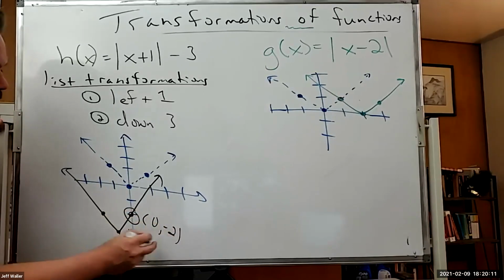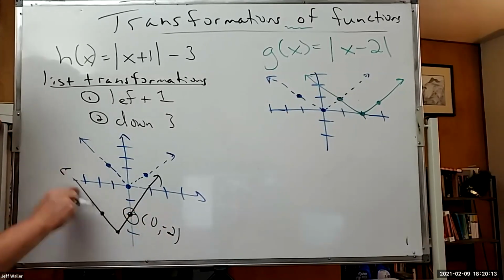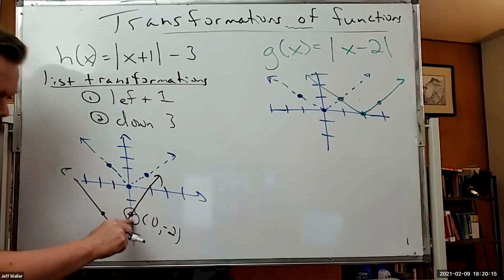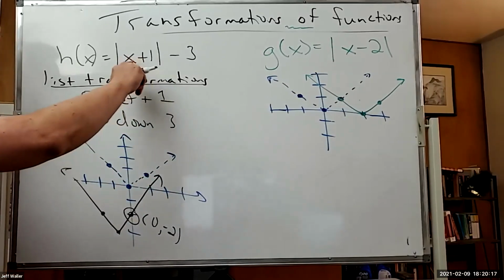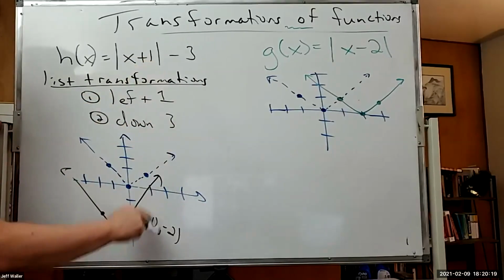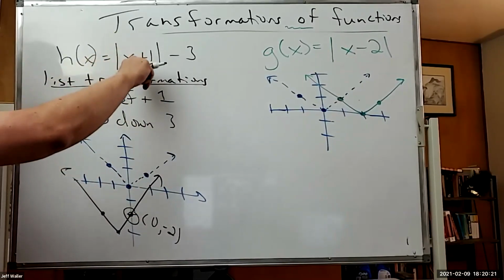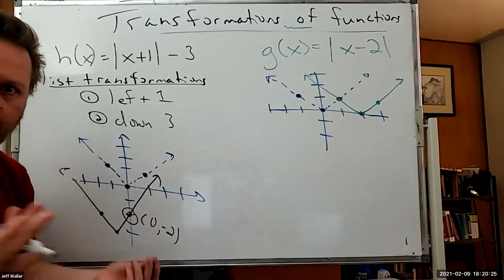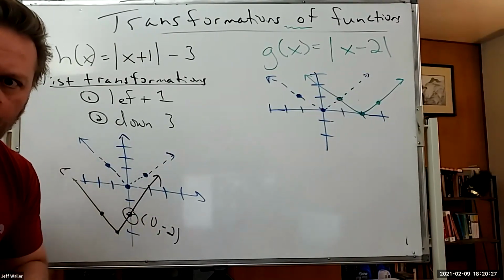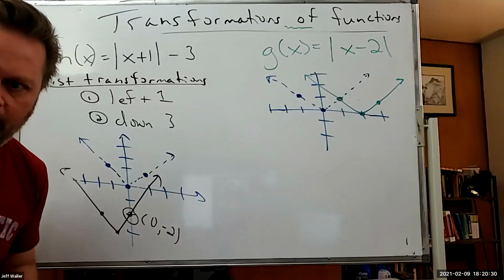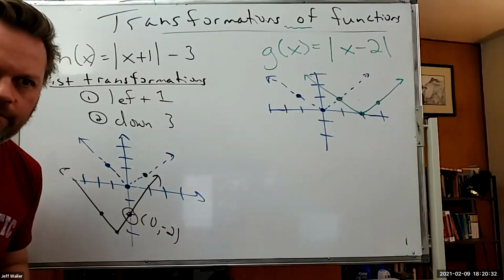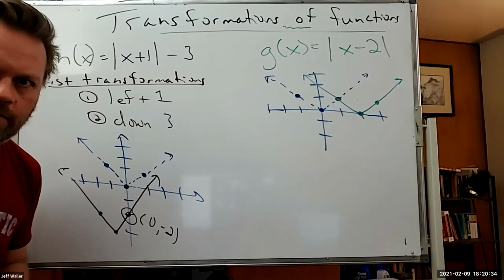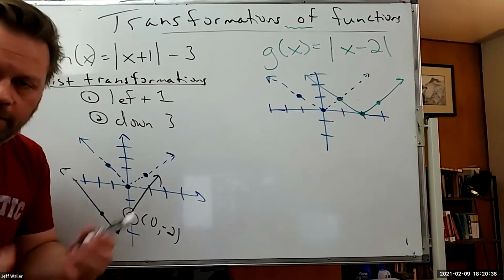So how can I check my work? I pick a point that my new function goes through graphically, and then I make sure that this function does that. When I put a 0 in, 0 plus 1 is 1, absolute value of 1 is 1, minus 3 is negative 2. You have a way to check your answer when you do it. Pretty good, right? Pretty simple.